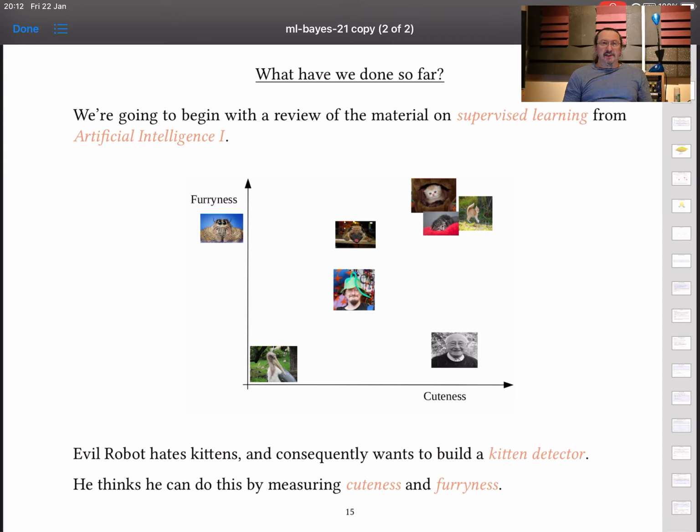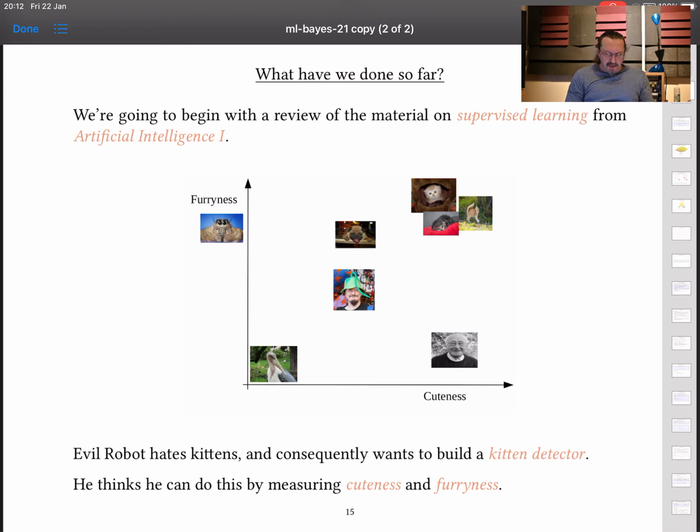So this is where I started last year in talking about supervised machine learning. I will recap, starting with a simple example. You've already met Evil Robot. It turns out that Evil Robot is terrified of kittens. He therefore wishes to make himself a kitten detector.